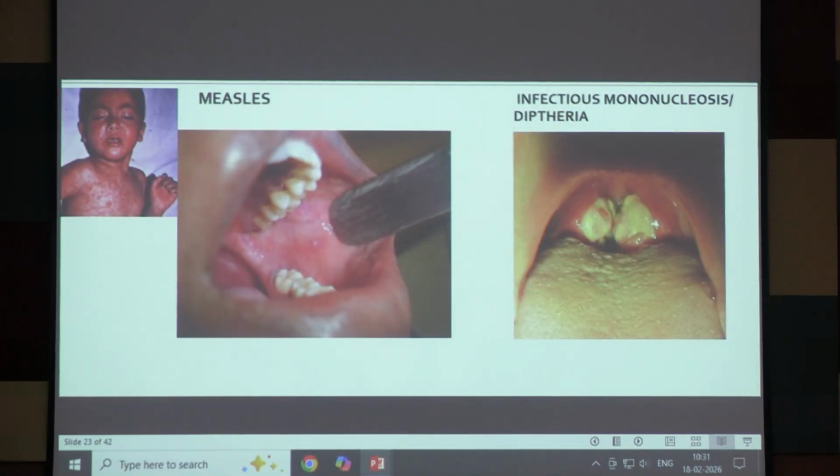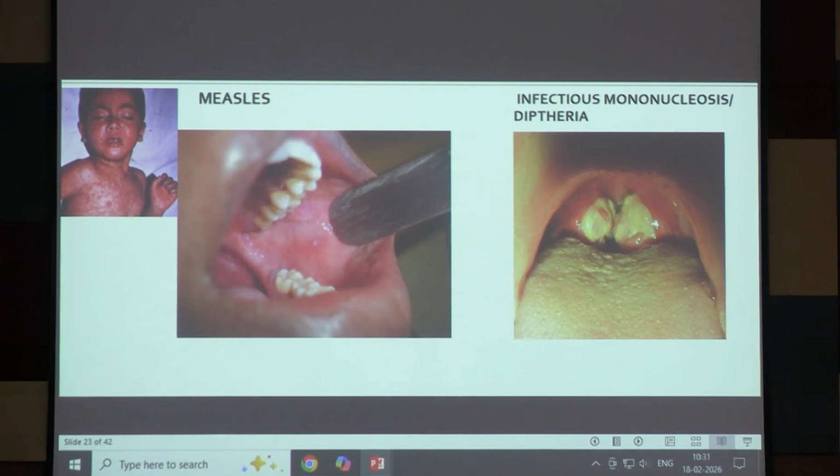Measles: in measles you can see Koplik spots, that is, tiny sand-like whitish spots surrounded by erythema, that is reddish. So a white spot surrounded by a reddish region, that is erythema. Here you will find this against the first or second molar teeth.